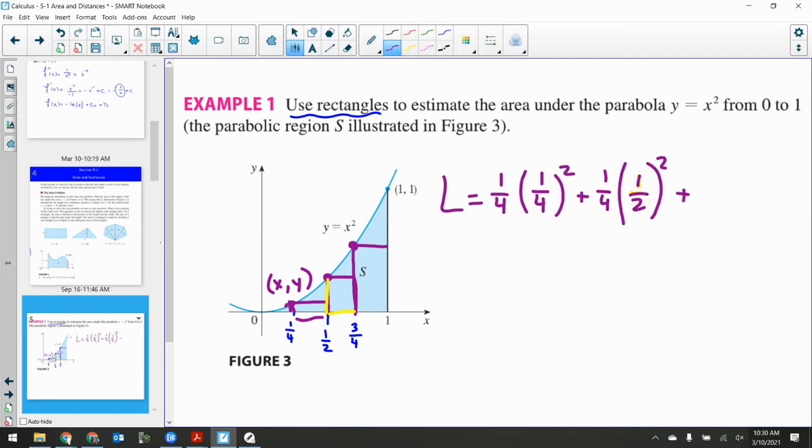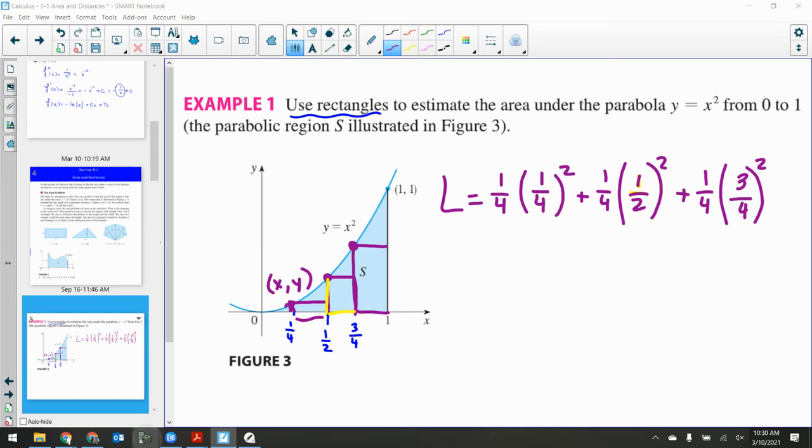And then my last rectangle, again, what's the base? 1/4 times the y value here. When I plug in 3/4, 3/4 comma 3/4 squared.